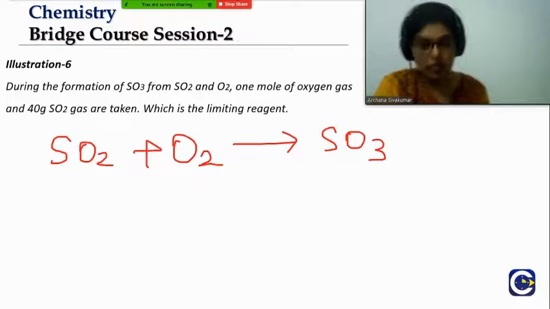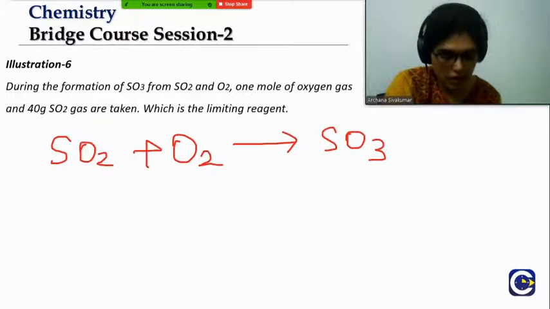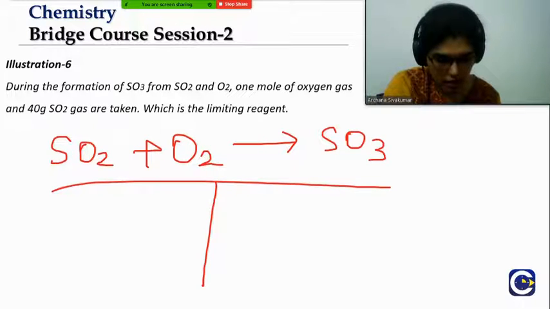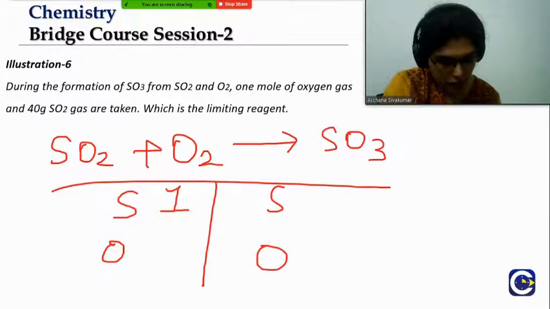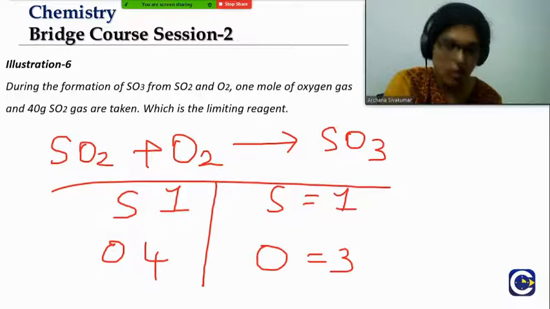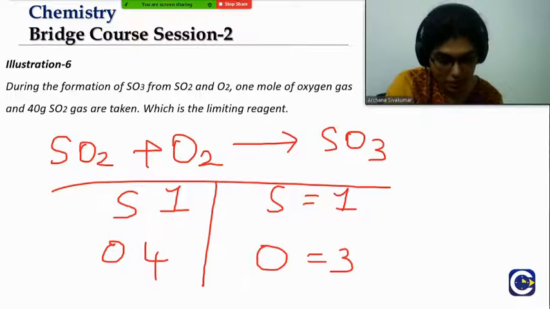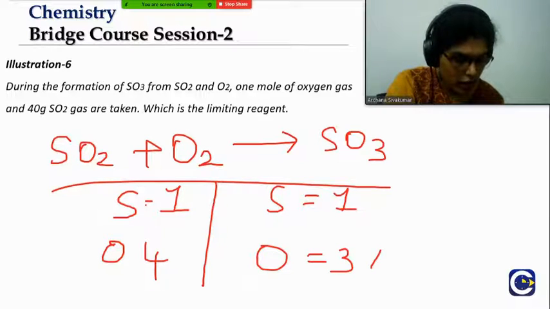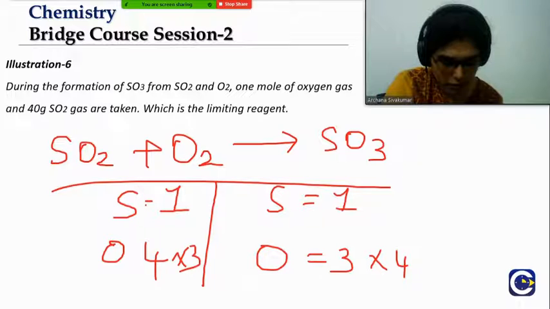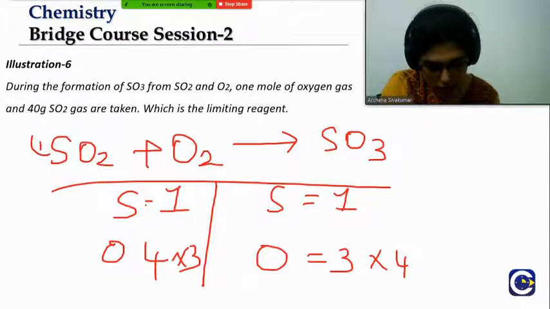Now, is this equation balanced? How do we balance it? S is 1, S is 1. Oxygen is 4 here, whereas oxygen is 2 here. So what do I do to balance? I have to take a common factor, isn't it? I can do times 4 here, and times 3 here.